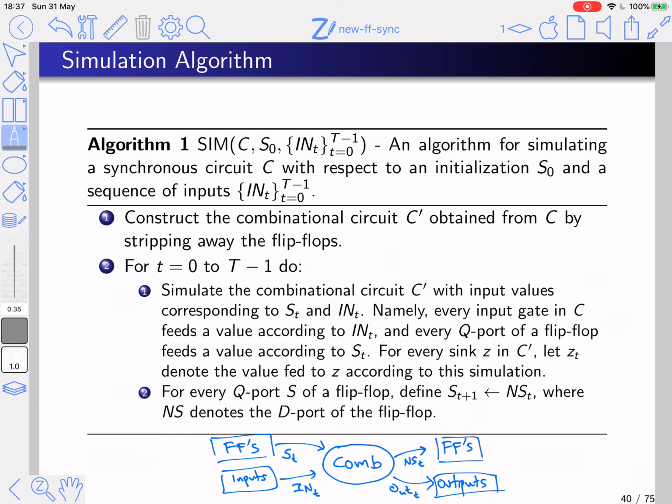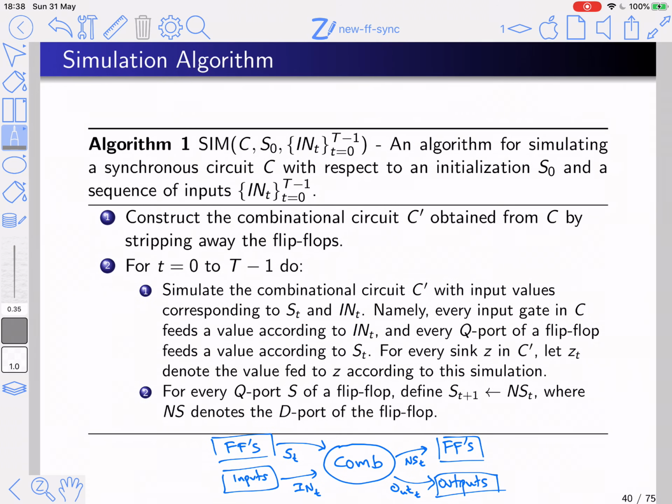Okay, simulation proceeds as follows. From time t0 to, say, time t minus 1, I will simulate the circuit clock cycle by clock cycle. For t equals 0, I know what the outputs of the flip-flops are. This is because of the initialization. And I know what the input gates feed the combinational subcircuit.